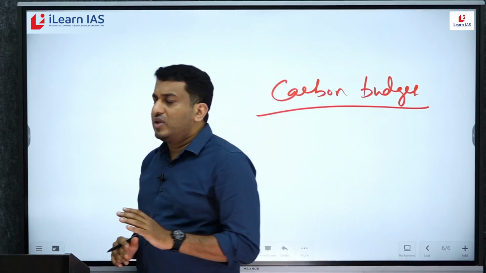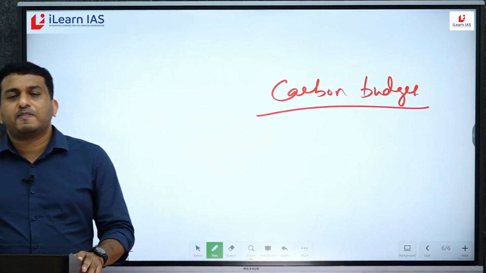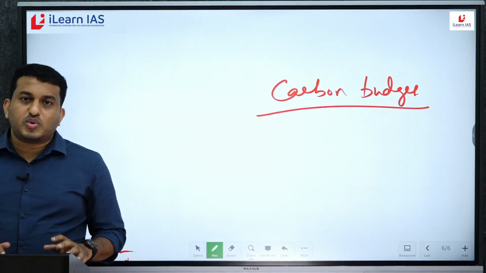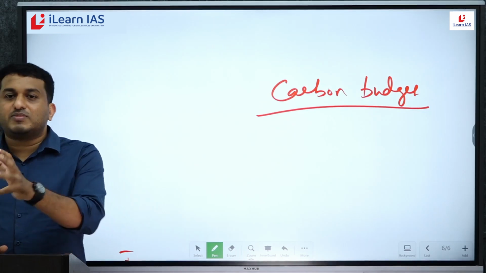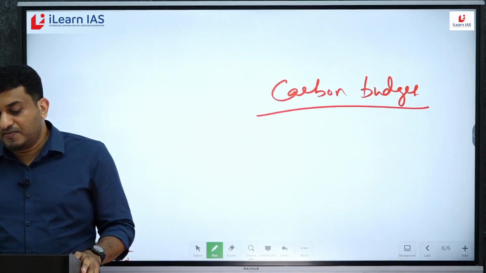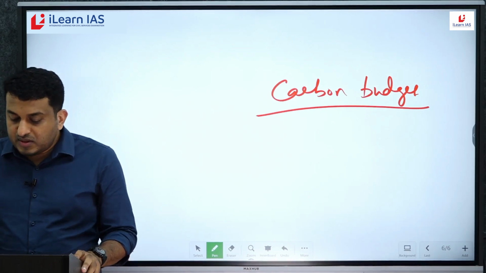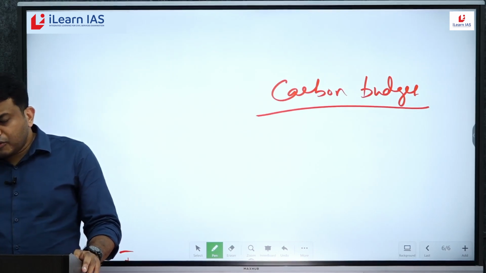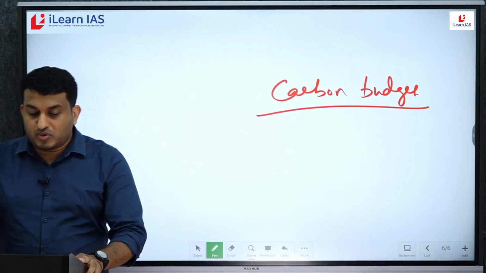I'm not getting into that; it will be dealt with in a separate session. The key issue is how we can allocate this budget among the countries in a fair and achievable manner. This was the important finding in the fifth assessment report.